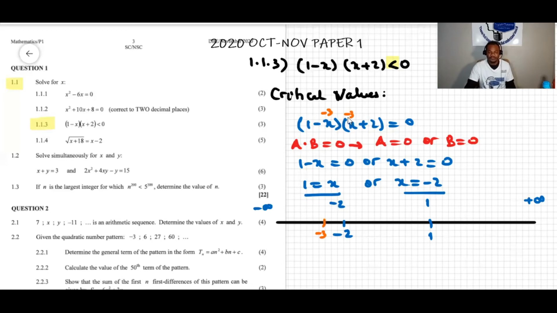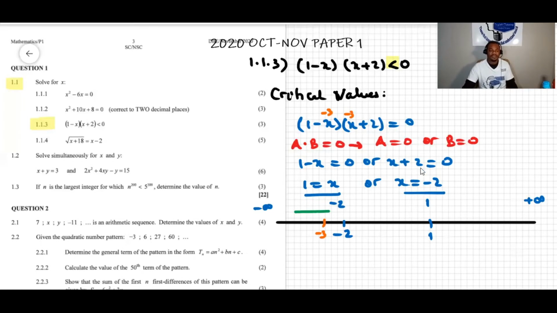So 4 times -1 makes -4, which is negative. So over this interval, the solution will be negative, and this will be true for any value selected here.